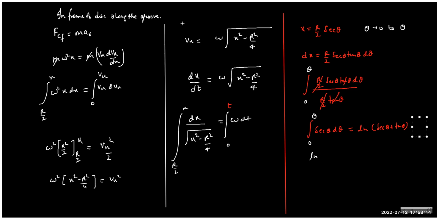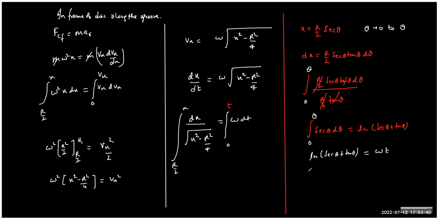Can we remove it like this? Yes. Now here is the trick. So ln of sec theta plus tan theta, and if I put 0, what will I get? tan 0 is 0, sec 0 is 1, ln 1 is also 0. So it's eventually 0. I should write it actually, but if you can understand, I can just remove it.